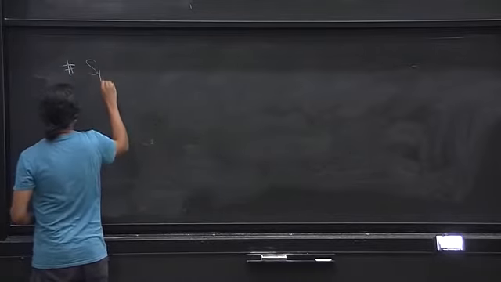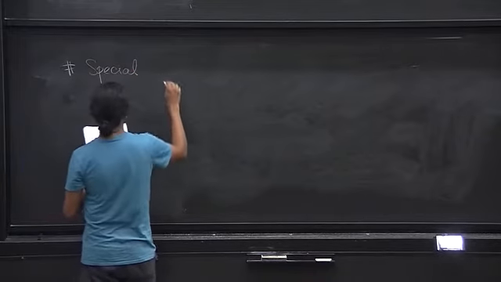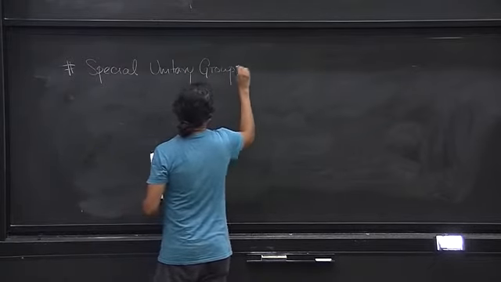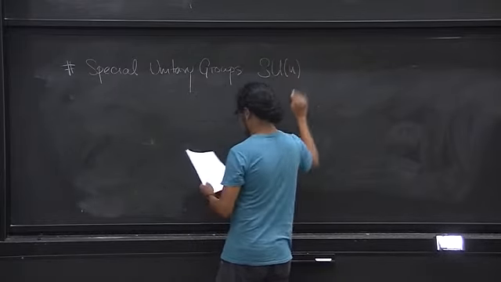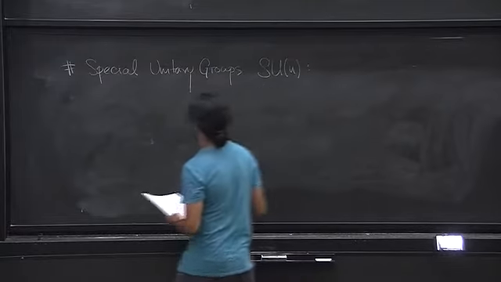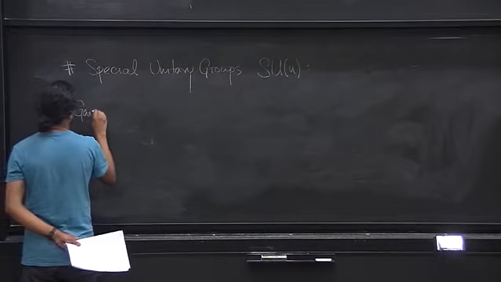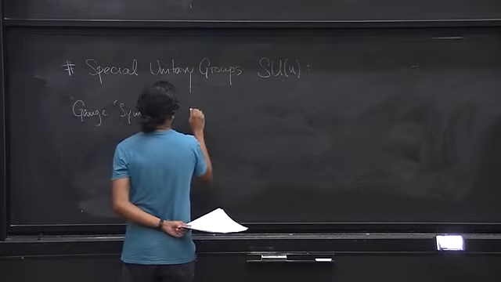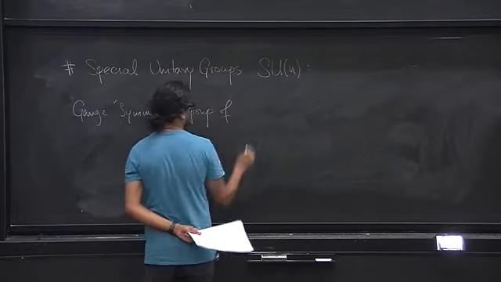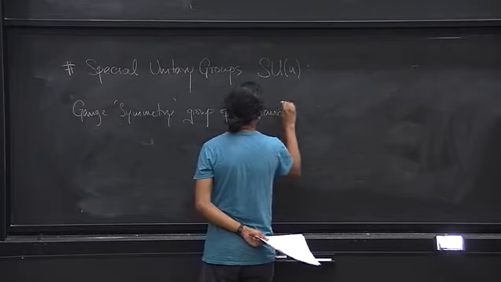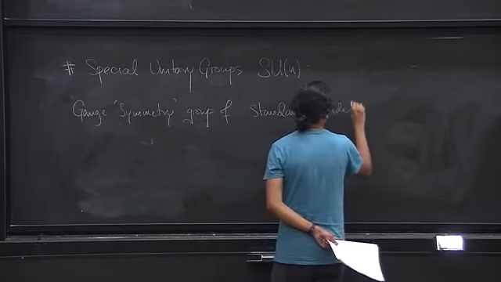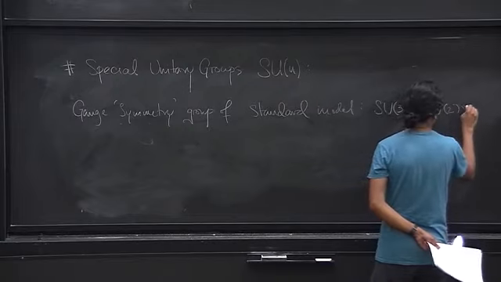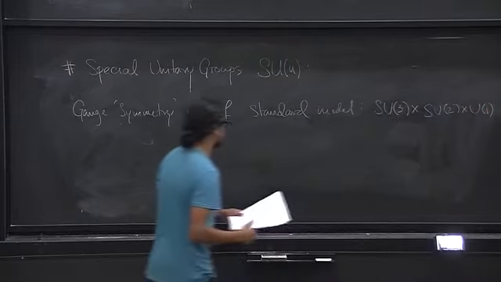So the special unitary groups SUN. It turns out the gauge symmetry group of the standard model is given by the product of SU3, SU2 and U1, and there's some Z2 factor here that I don't remember correctly.